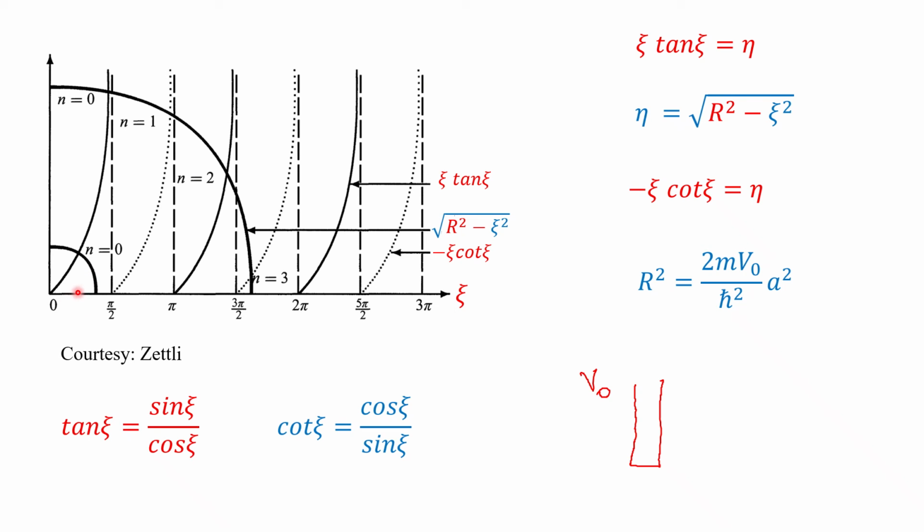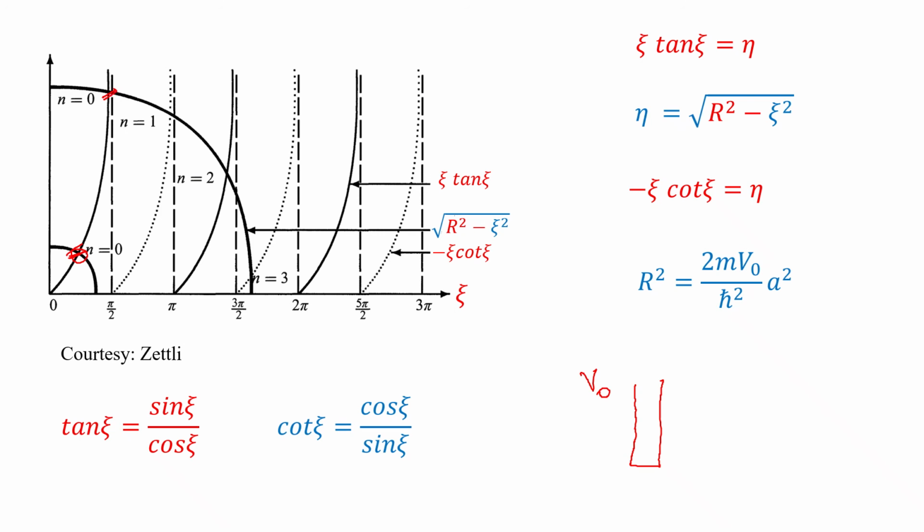For the even function, you can see that when a squared is small and V naught is also small, you will have only one node, this one. That is even because it is a solid line. There is no odd bound state at the minimum energy level. Similarly, when the radius increases, you have more nodes, including odd and even.